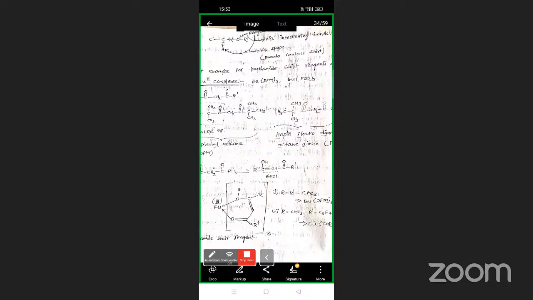And next we are moving to mass spectroscopy.